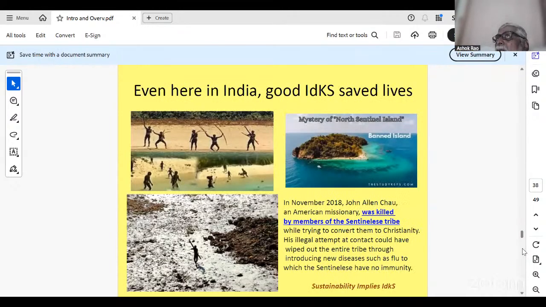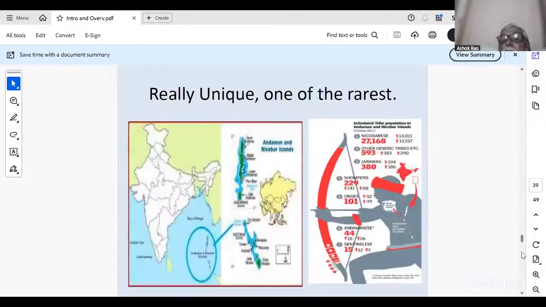There are other sustainable societies, for example, in Andamans, a large number of tribals. These are the tribals, some of whom I have met myself. In fact, there is a very large diversity of tribals starting from North Andaman to South Nicobar.